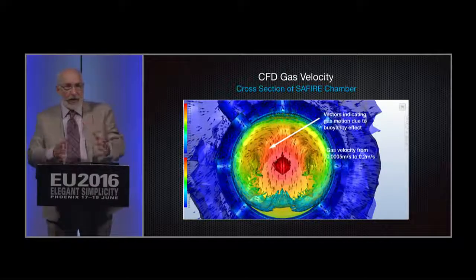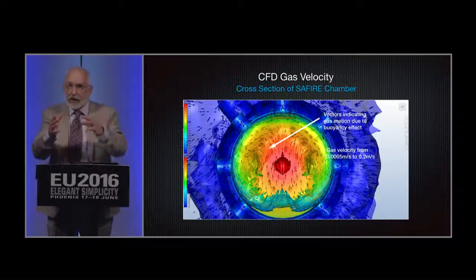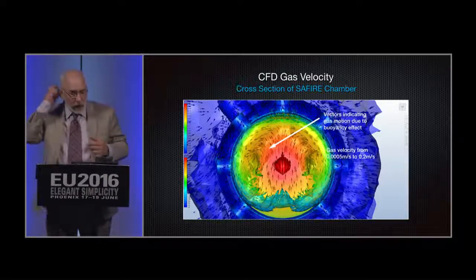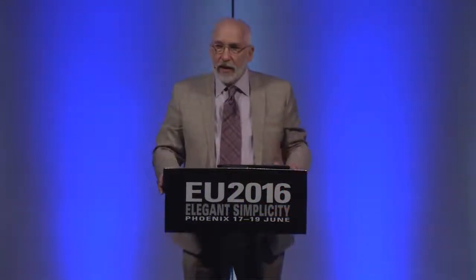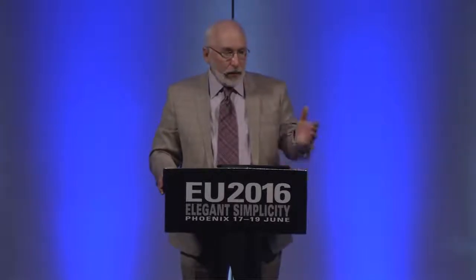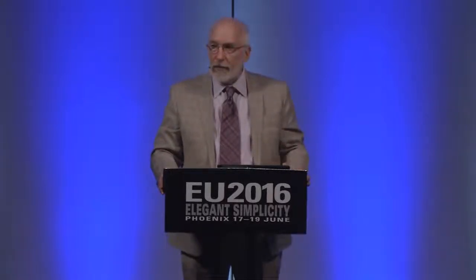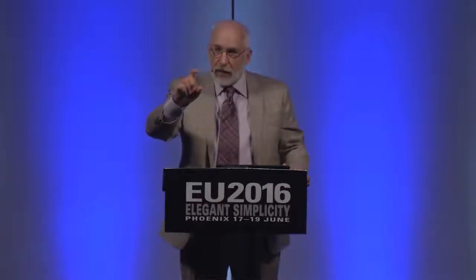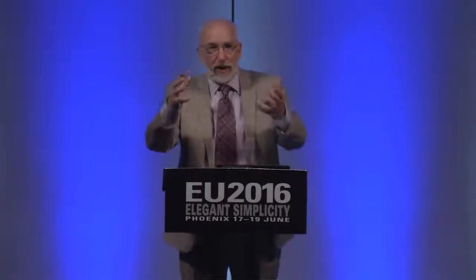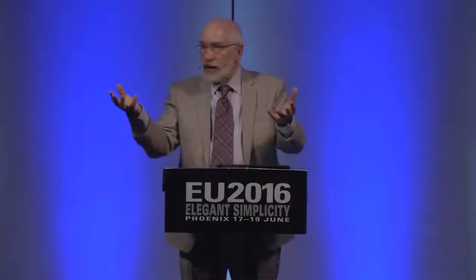So I'm just going to digress here from SAFIRE just to talk about a possibility that the EU might want to consider, because in the course of doing this analysis, it occurred to me that we use this tool all the time, and it means that the center of the anode might be around, let's say, 2,500 degrees Celsius.